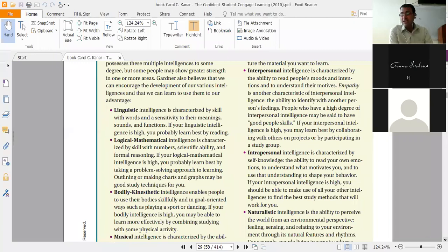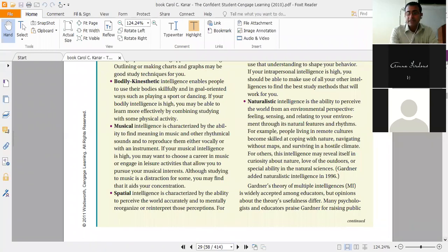They can easily understand these people. So if you are good at this, it means that you can read what is going on inside the mind of the other people. So people who have a high degree of interpersonal intelligence may be said to have good people skills. If your interpersonal intelligence is high, you may learn best by collaborating with others on projects or by participating in a study group. Is this clear?